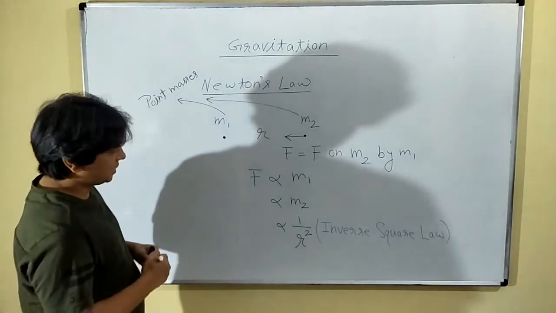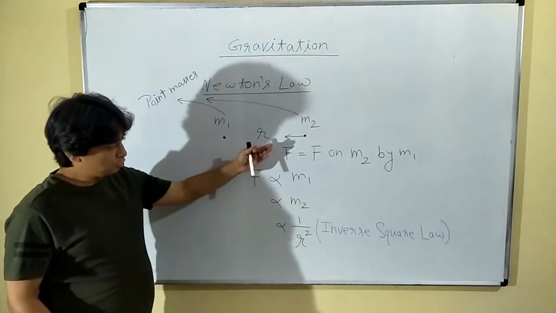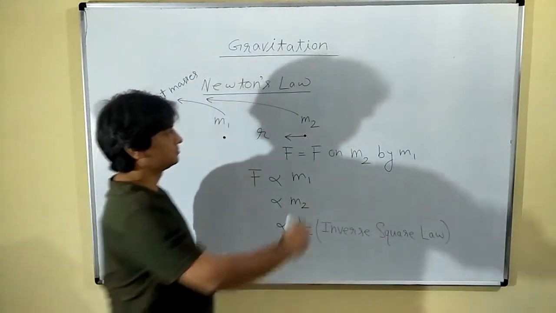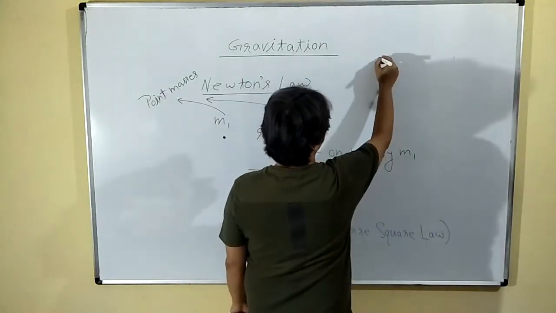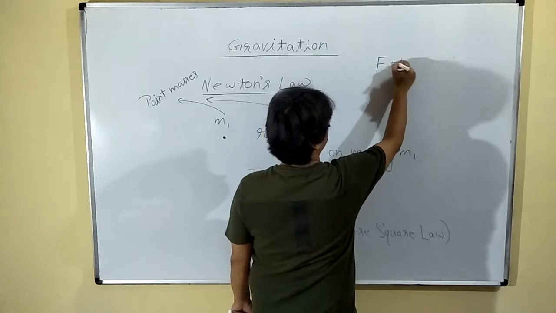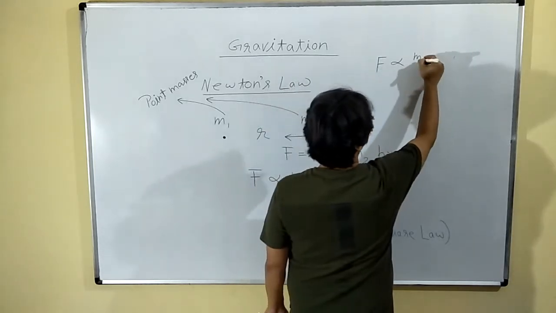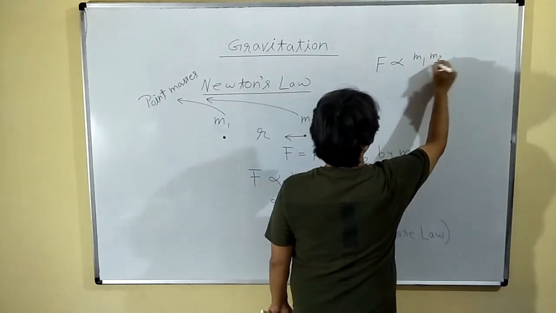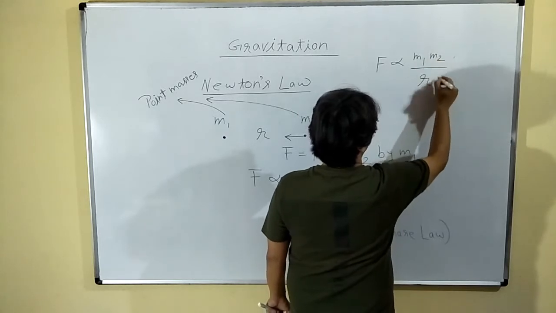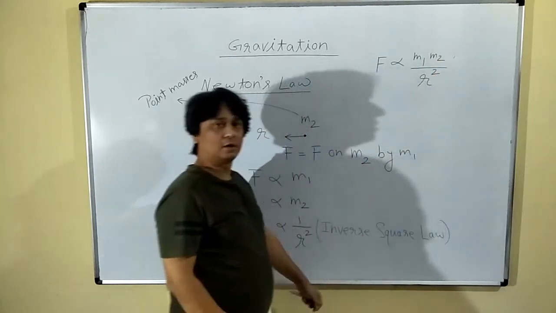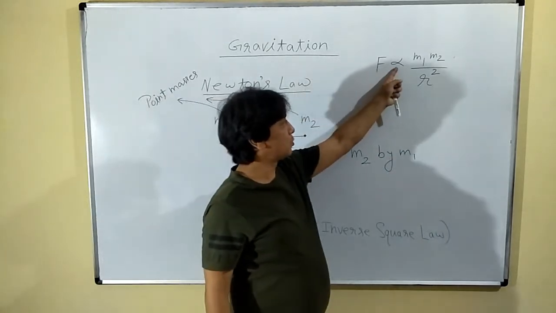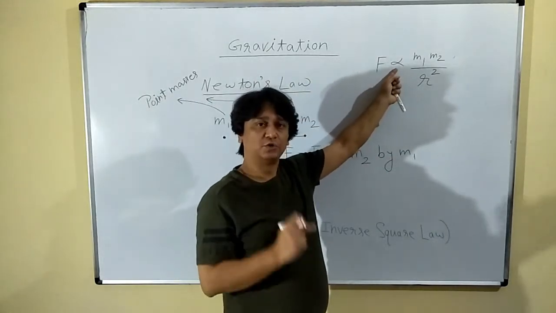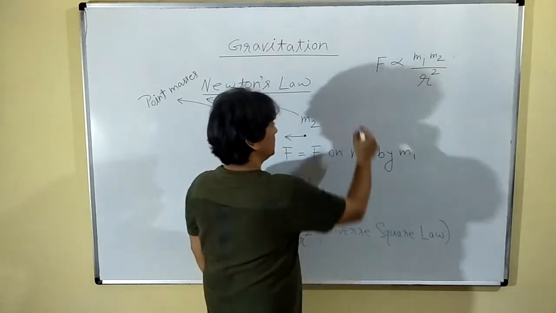Now, if you group these three things, then this force is proportional to m1 m2 upon r square. And we know that if we have to remove this proportionality sign, then we need to use some constant.